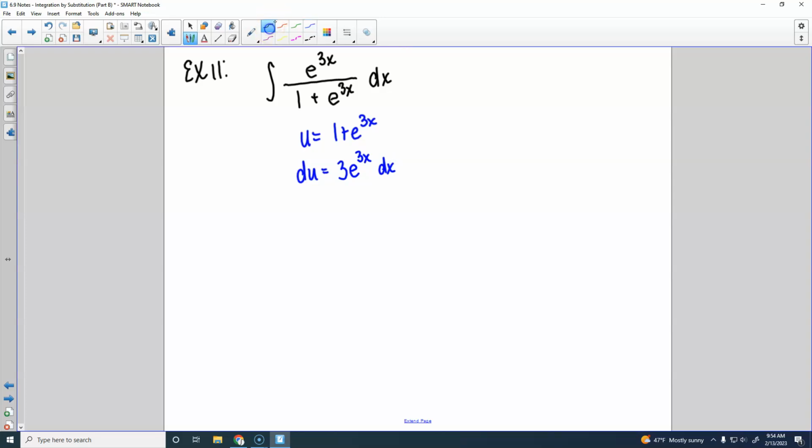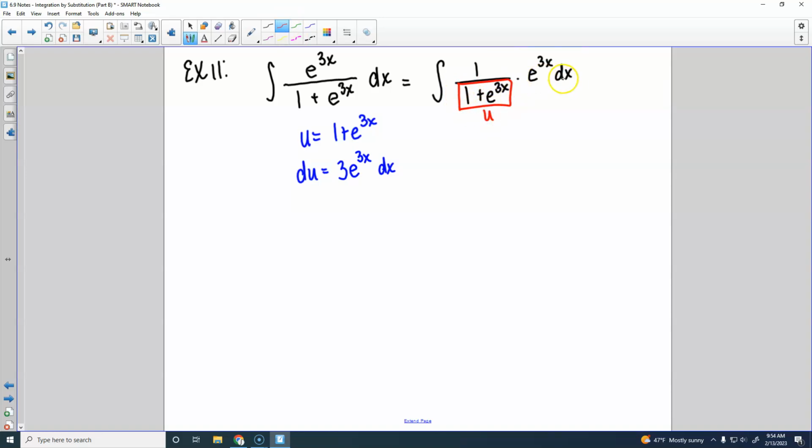So again, I'm going to kind of split this up like I've done with all the other fractions. I'm going to write it this way. 1 over 1 plus e to the 3x times e to the 3x dx. So right here, I've got my u right here.